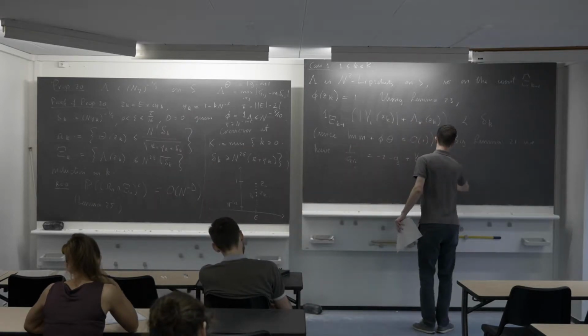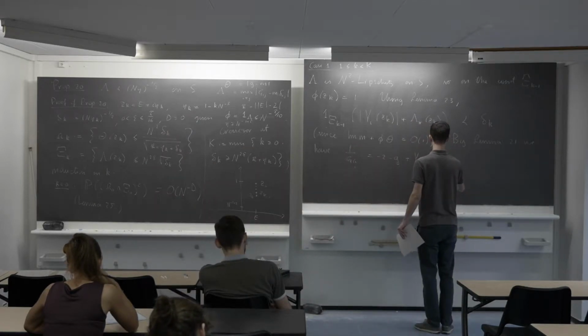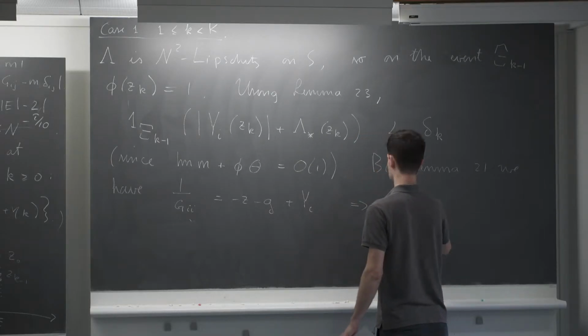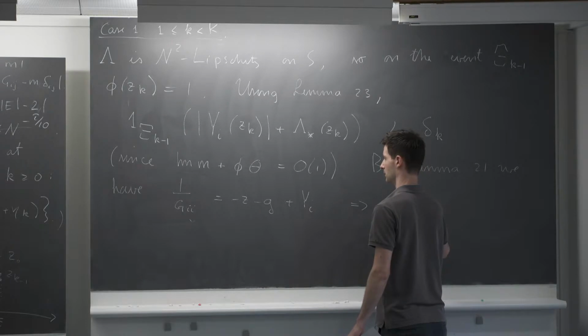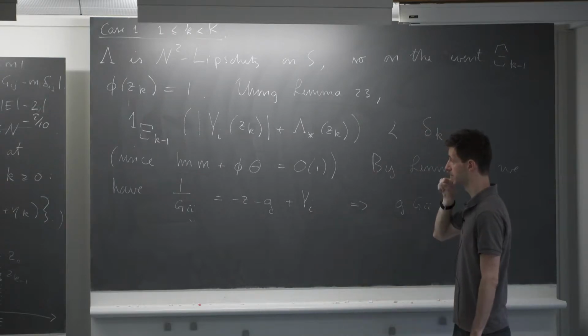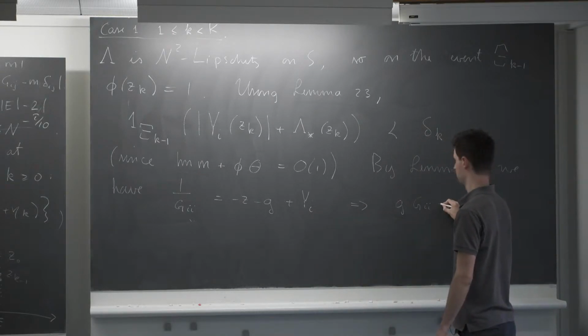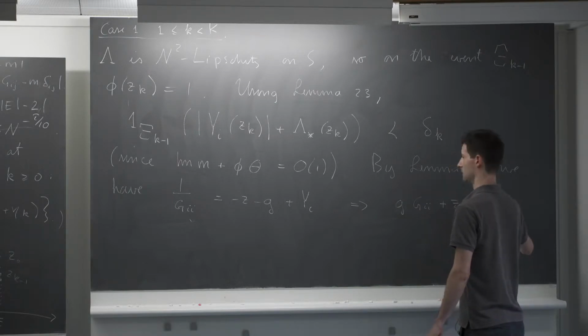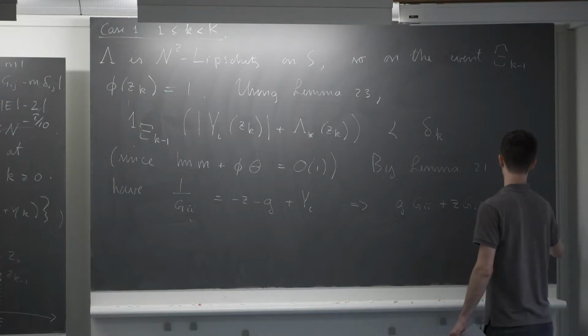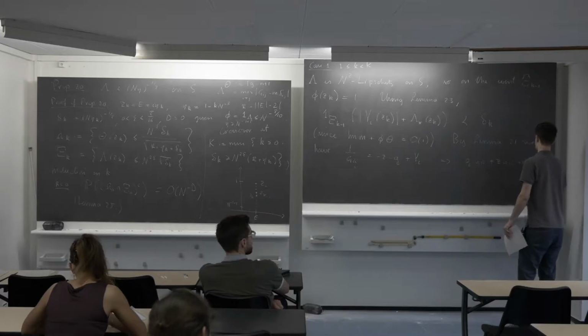So this, let me multiply. So I get g times g_i. If I multiply by g_i on both sides, plus z times g_i plus 1 is equal to y_i g_i.